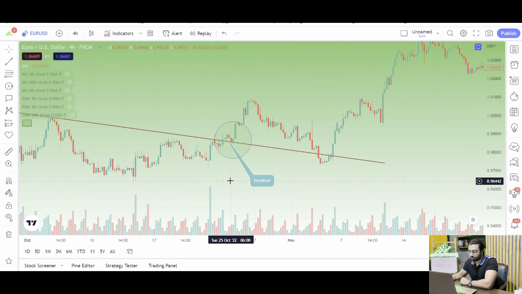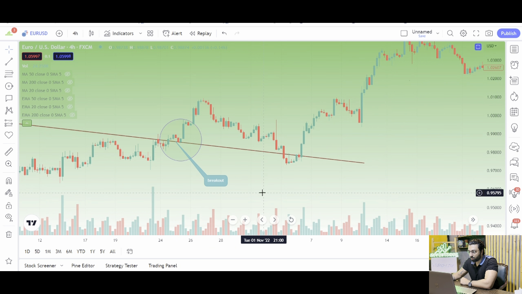If there is a bullish trend line, you need volume from the bears to break down from the upper bullish trend line. So in this case, we got volume and we got buyers to break out from here.